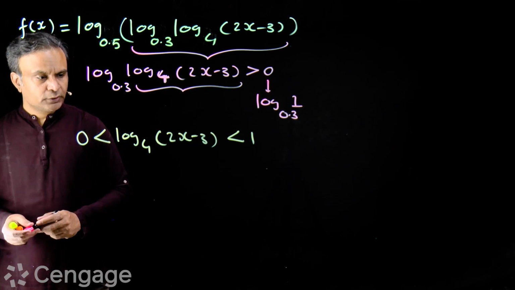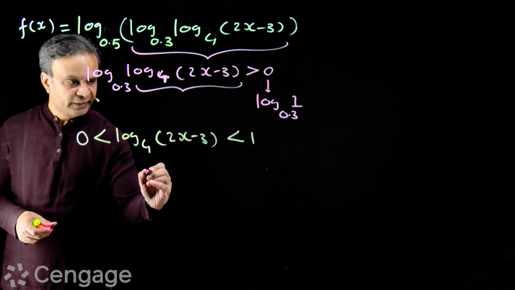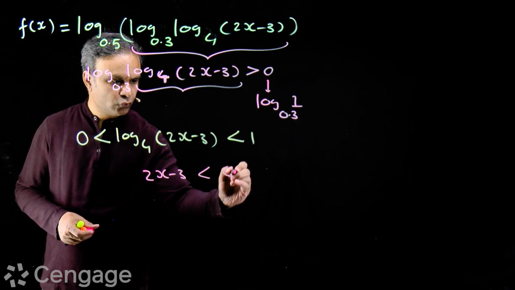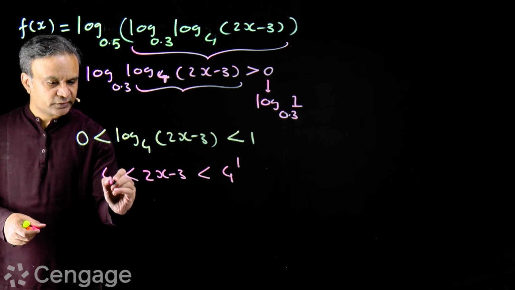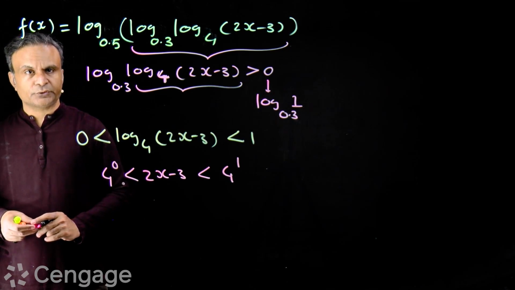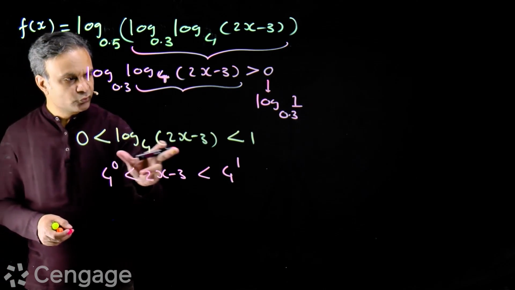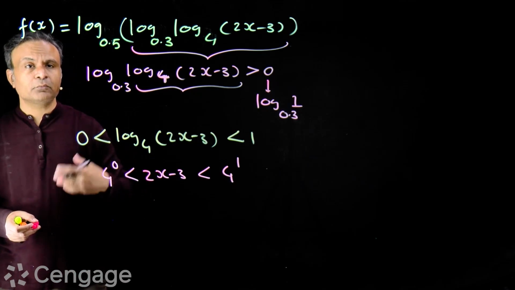Okay, now we have base more than 1, then we will have 2x minus 3 less than 4 power 1 and 2x minus 3 is greater than 4 power 0. Hope समझ में आ रहा है ट्रांजिशन. We are keeping the same orientation of inequality because base of log is more than 1.